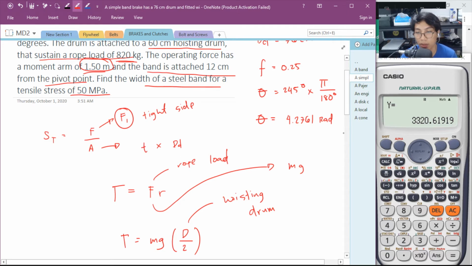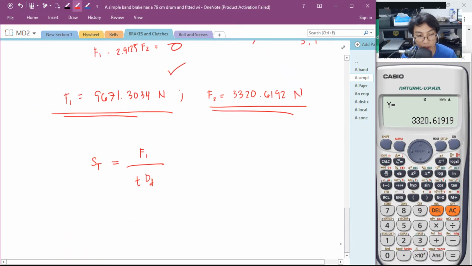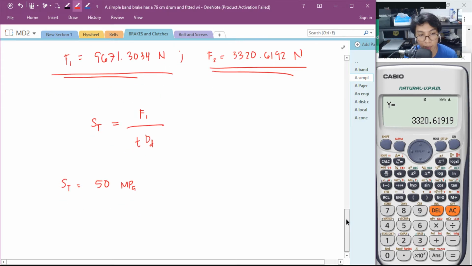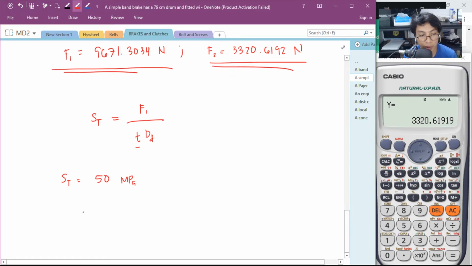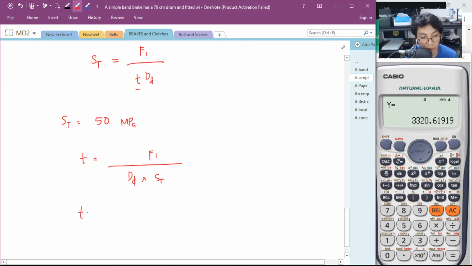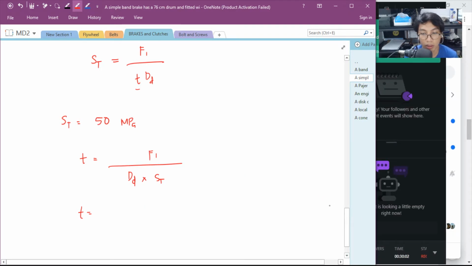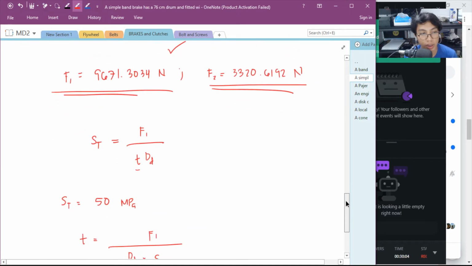So, F over DT. The tensile stress is equal to 50 MPa. Simplify natin. Ang hinahanap natin is the thickness. So, thickness is equal to F1 over D times the stress. Nakuha natin yung F1 kanina. F1 natin is 9671.3034.